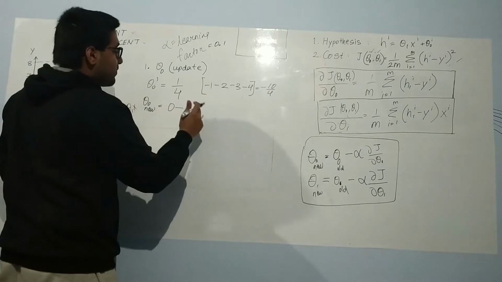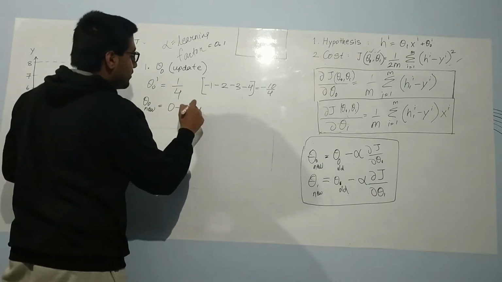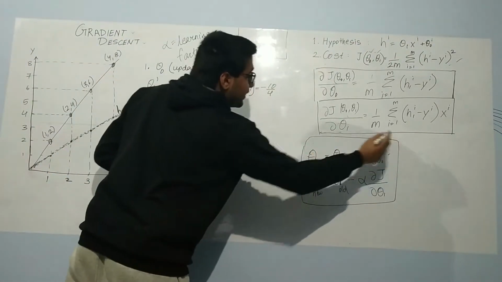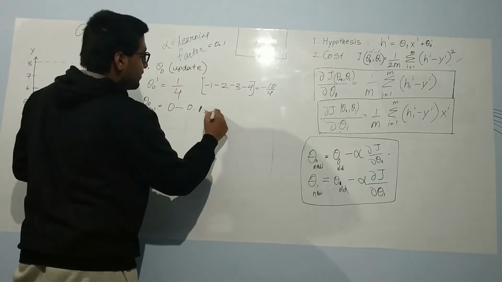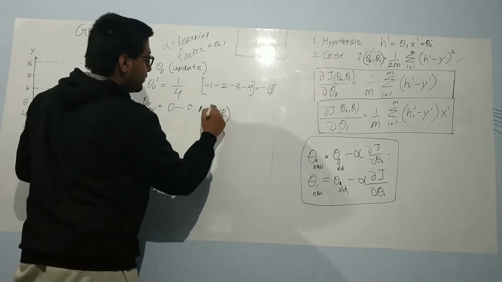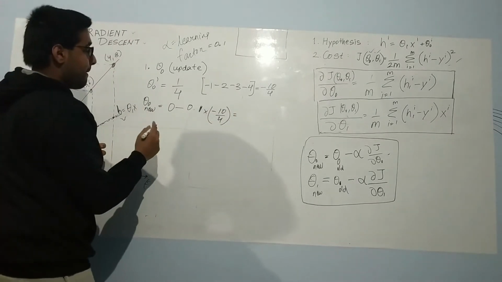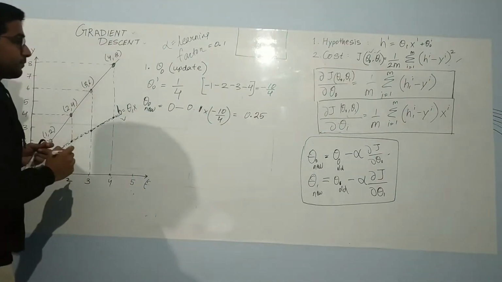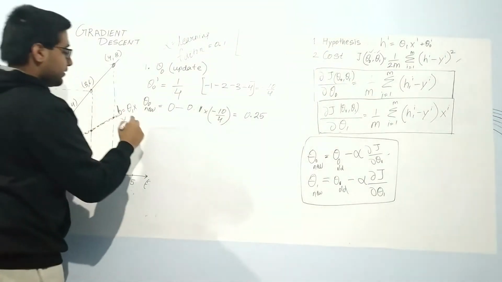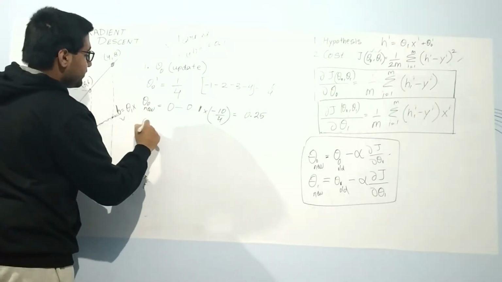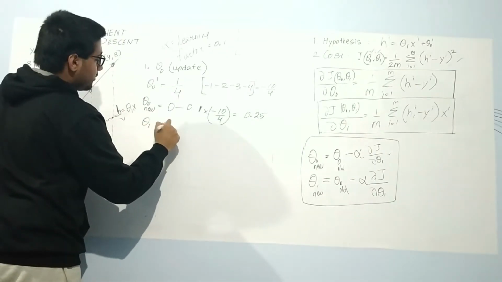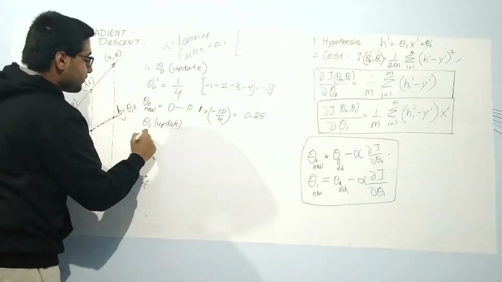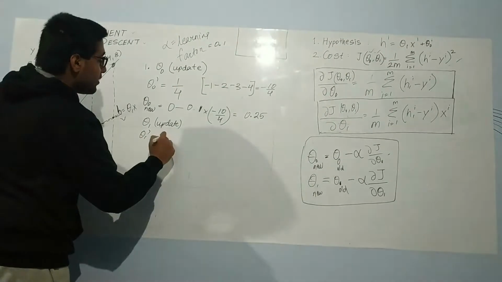So 0 minus 0.1 into the derivative term, that is minus 10 by 4, and we get 0.25. Now to update theta 1, again we'll go through the same process. So theta 1 derivative is 1 by 4.